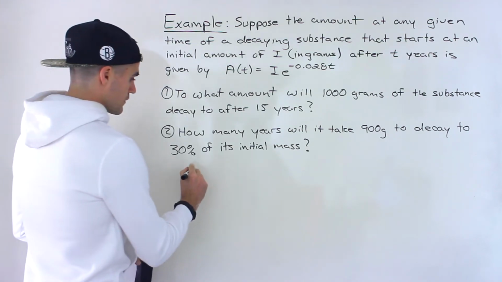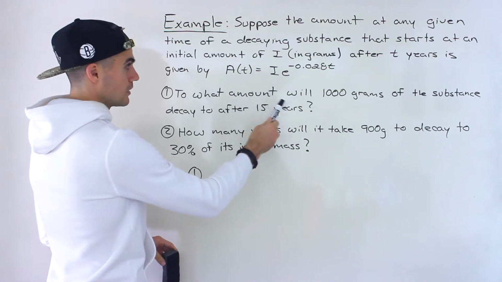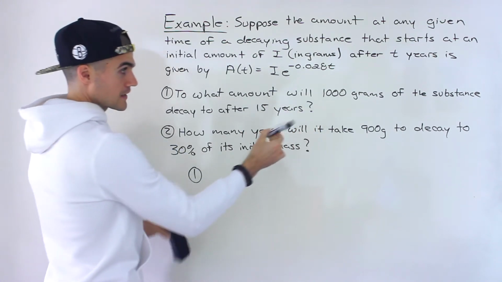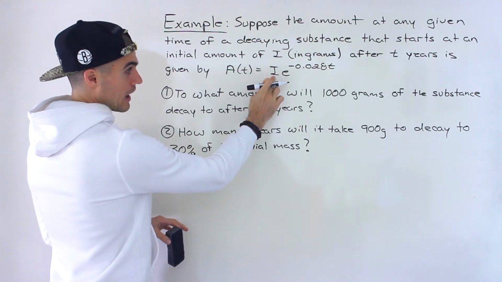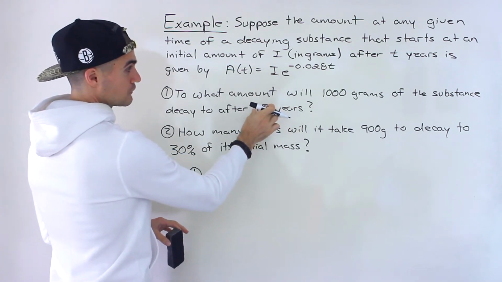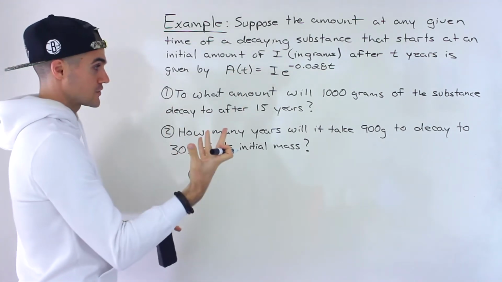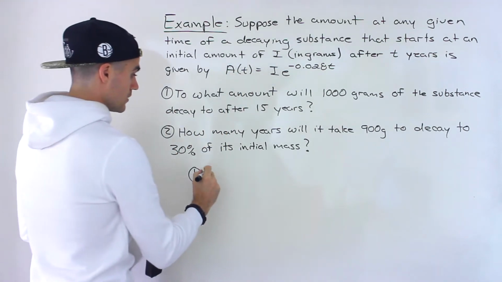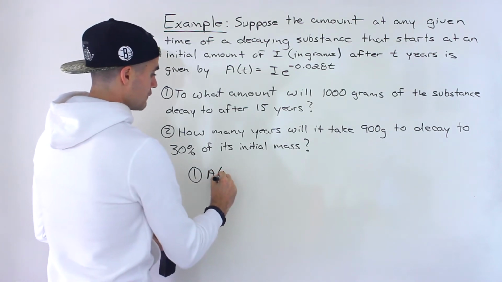So starting with number one, we have this formula here, and in number one, notice we're given the initial amount that it's starting at 1,000 grams, so that's what we would plug in for I, and then we would plug in 15 for t to figure out the amount after 15 years. So basically we're looking in number one for A of 15.